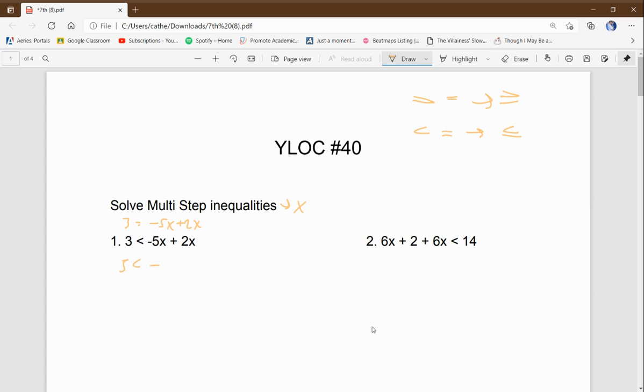Negative 3x divided by negative 3. So x. So negative 1 is less than x. So therefore x equals negative 1.